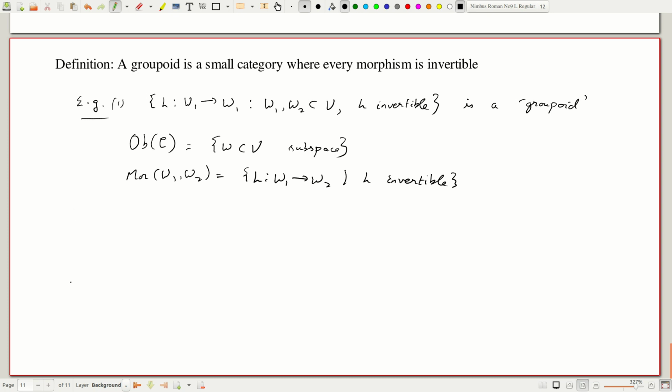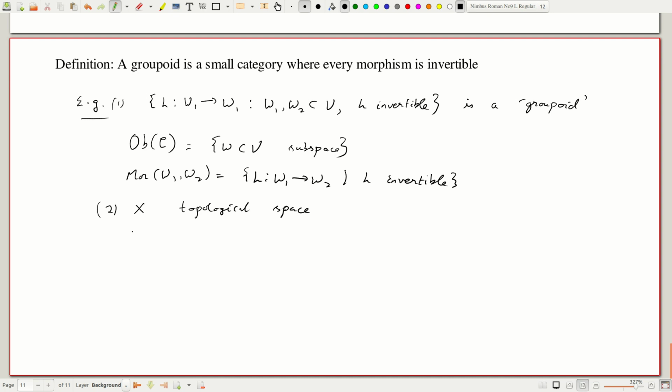You can very similarly make the example for spaces. Their subspaces or open subsets of X would be the objects, and morphisms would be invertible maps. So they are homeomorphisms between different open subsets. Okay, and the second example, which is much more interesting to us, is let's take X again as a topological space, but I'm not going to look at subspaces.